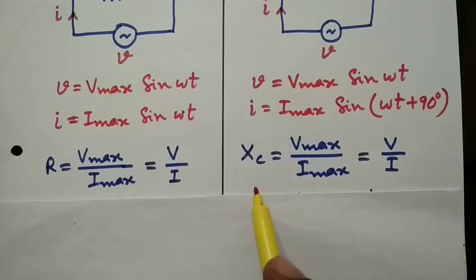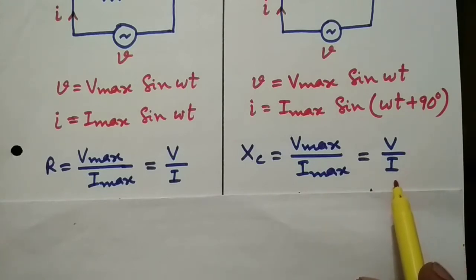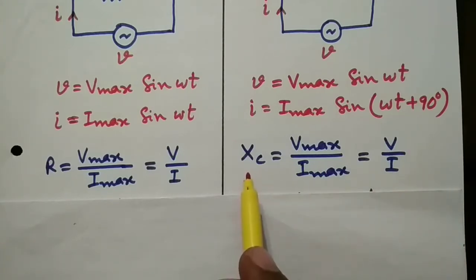In the capacitive circuit, Vmax upon Imax or Vrms upon Irms is the capacitive reactance Xc.